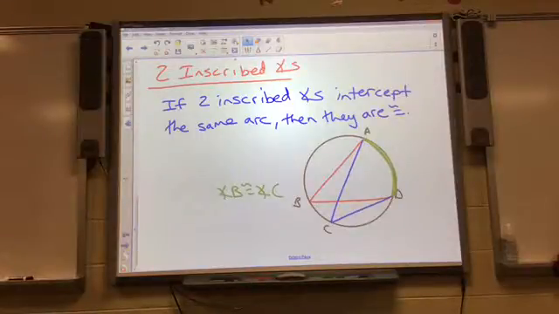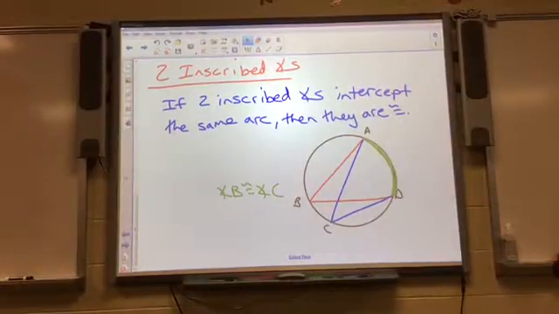So on example 3, before we actually talk about it, what is the shared arc? GH is the shared arc. Matthias, what is the measure of angle F? That would be, if the arc was 75, then the angle would be 37.5.